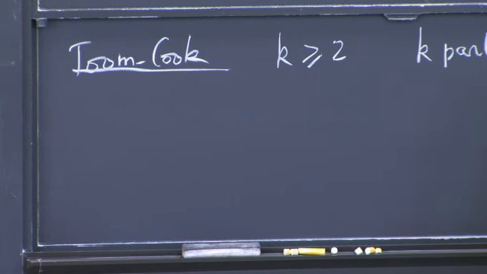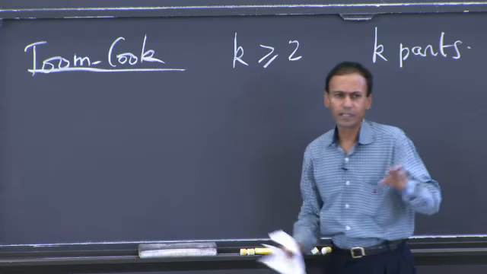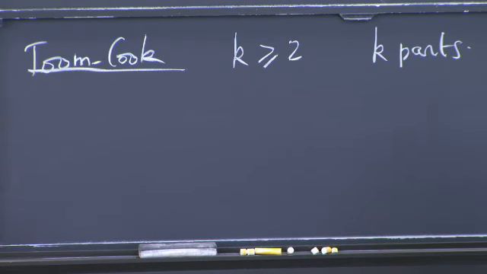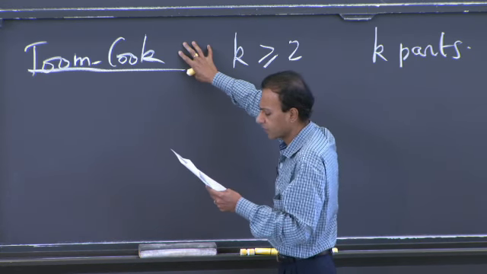So the Toom-2 or the Toom-Cook 2 algorithm is basically Karatsuba, but you have Toom-3, Toom-4, and so on. And I'm not going to give you a lot of details on this. We don't expect you to work on this, at least in 6006.